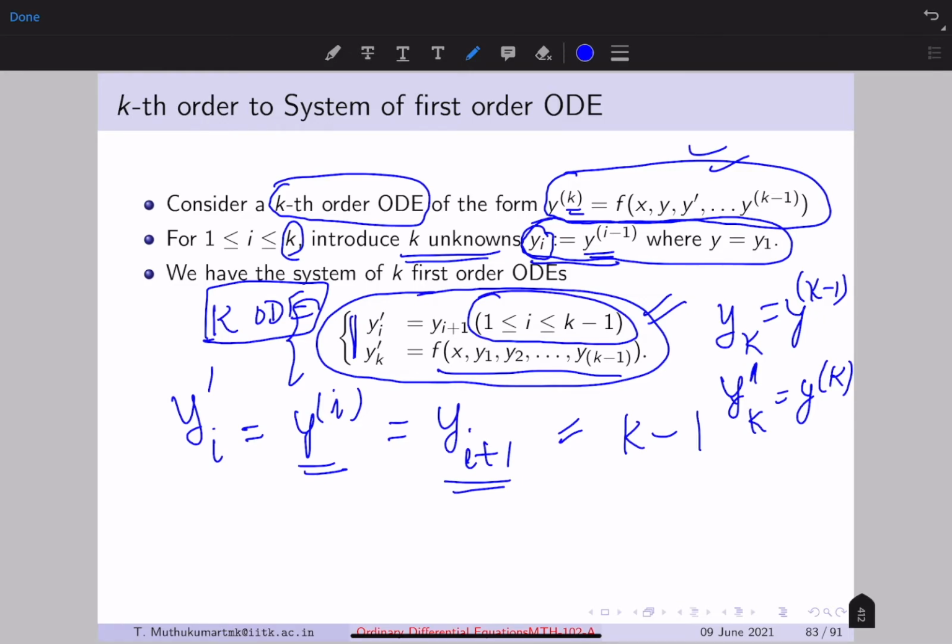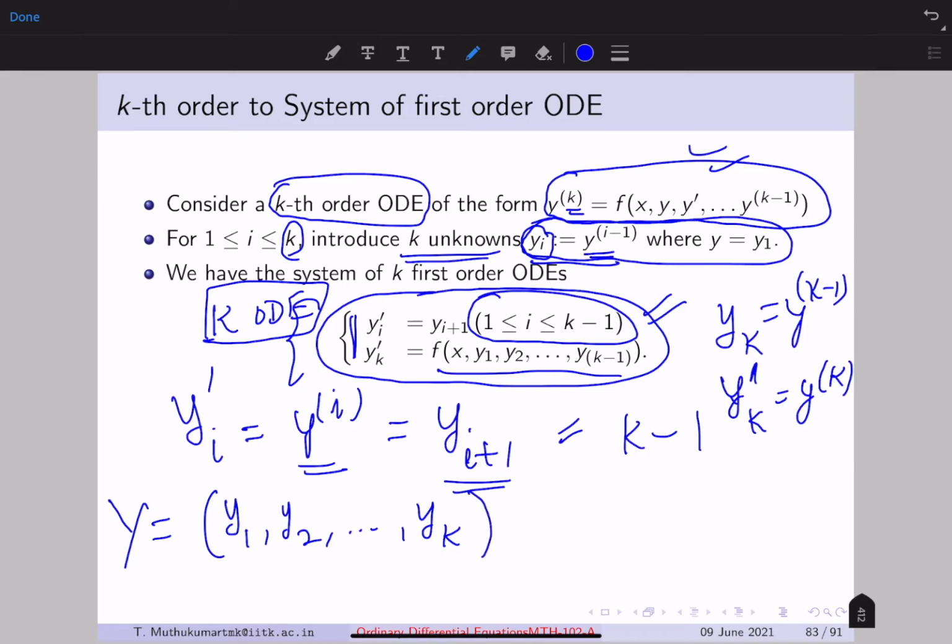Now the advantage of doing this is the following. Let's introduce a capital Y as this k vector, that is y1, y2, up to yk.